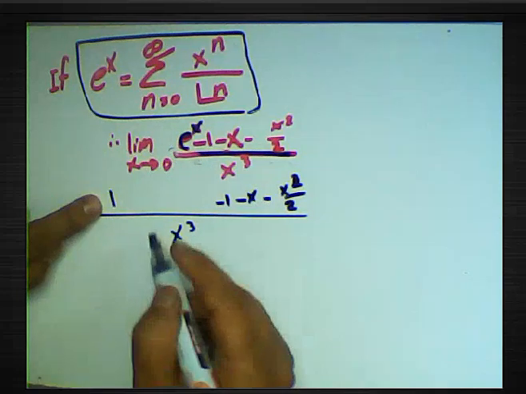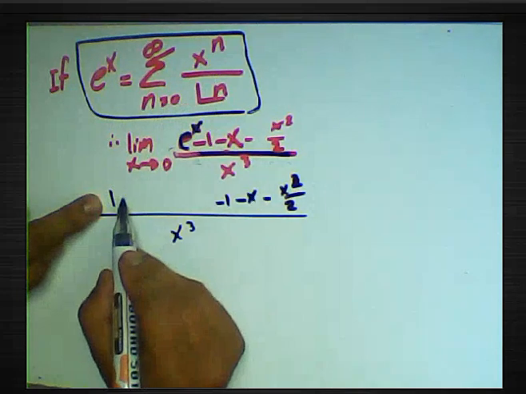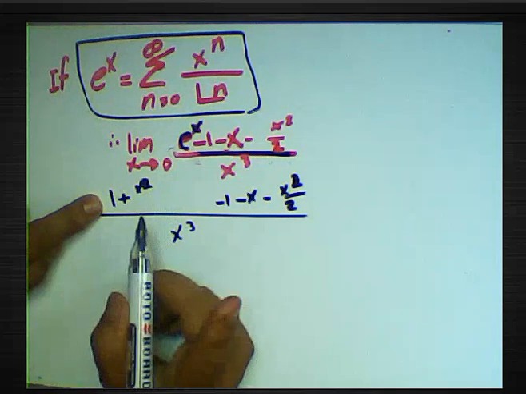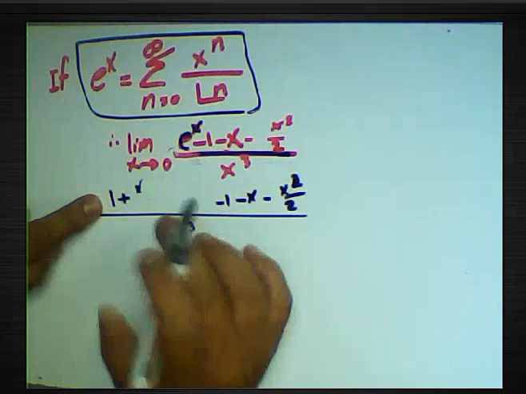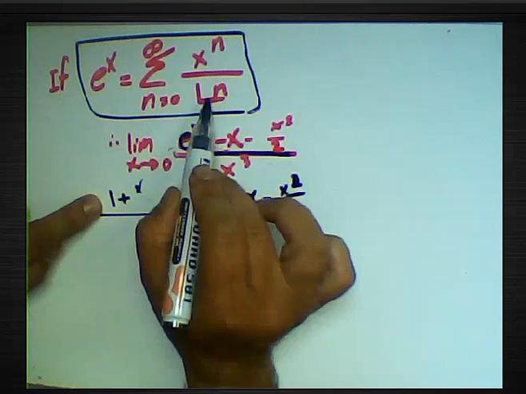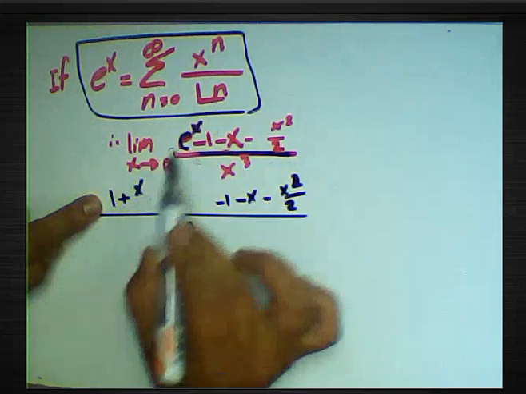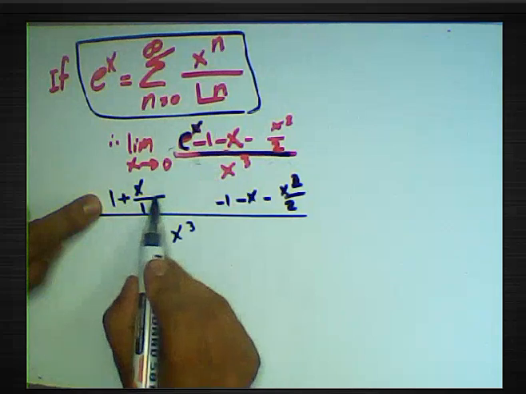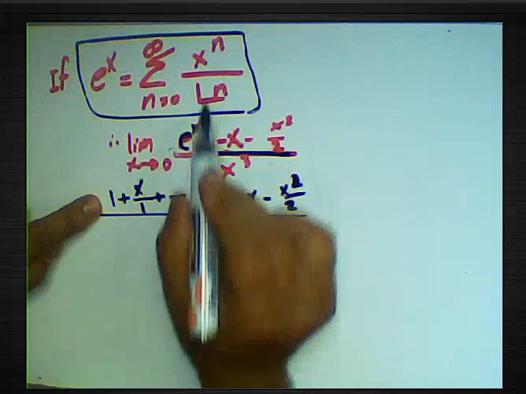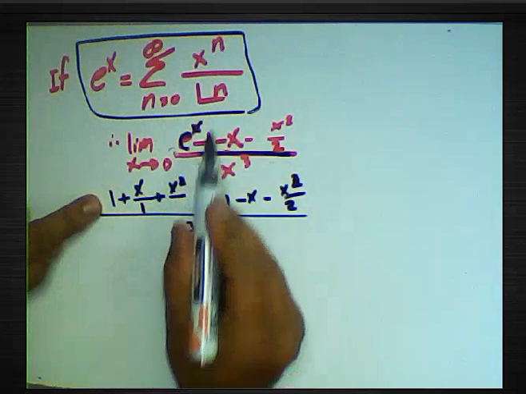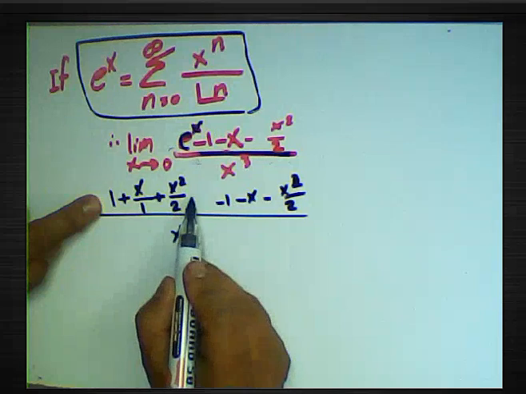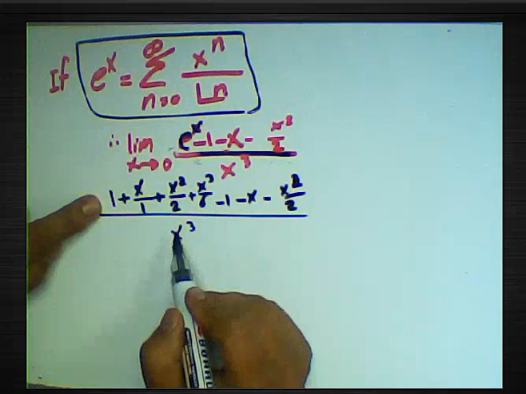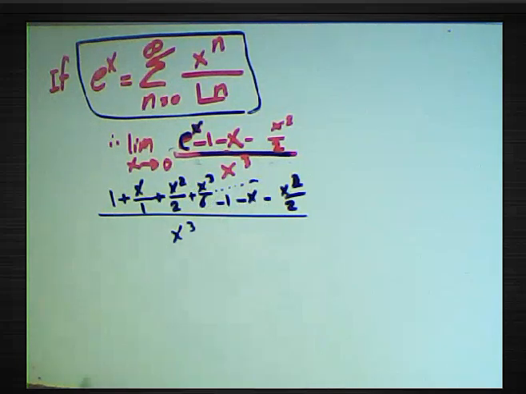Put n equals 1: x to the power 1 over factorial 1 equals x. Put n equals 2: x to the power 2 over factorial 2, which is 2 times 1 equals 2. Then x to the power 3 over factorial 3 equals 6, and so on.